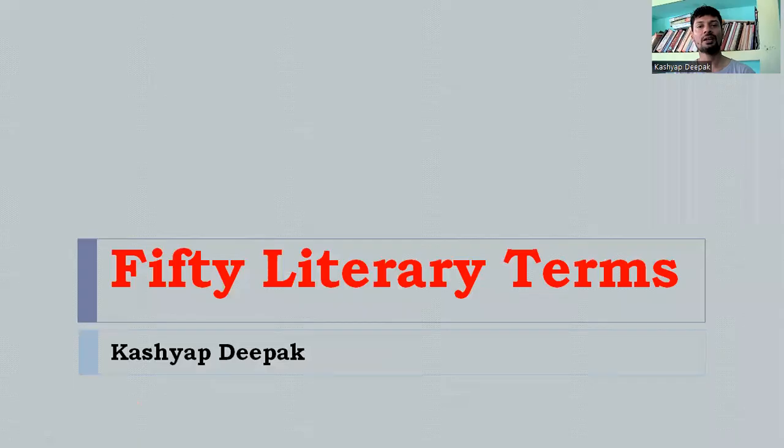So we are bringing them here for your help, and these are taken from different sources and angles. This is how we are starting with literary terms, and here there would be 50 literary terms, and you can go with this in that way.